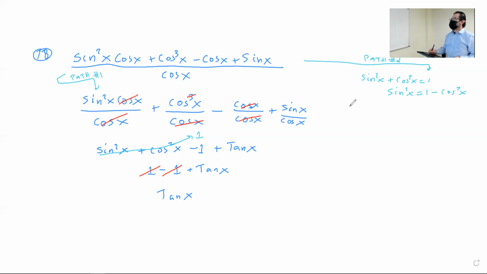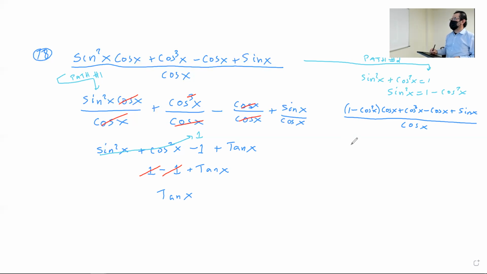And so I'm going to get 1 minus cosine squared of x multiplying by cosine of x plus cosine to the 3 of x minus cosine of x plus sine of x, and everything is divided by cosine.